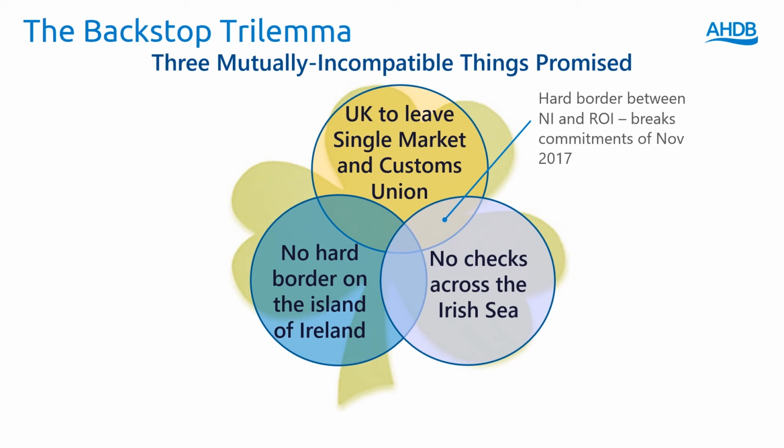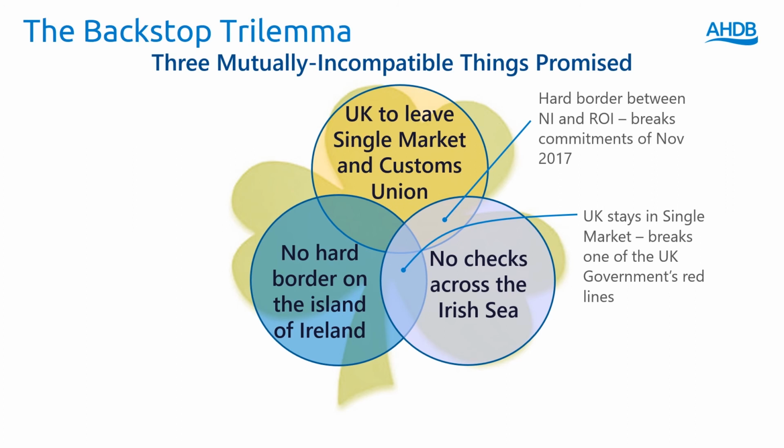And if we look at then, with there being no hard border on the island of Ireland, yet no checks across the Irish Sea, that would essentially mean that the UK would be staying in the single market, of course breaking the UK government's red line on that front. And that's been very much the focus of this UK-wide backstop that we've been hearing about over recent months, which of course is attracting a lot of debate and controversy as well.